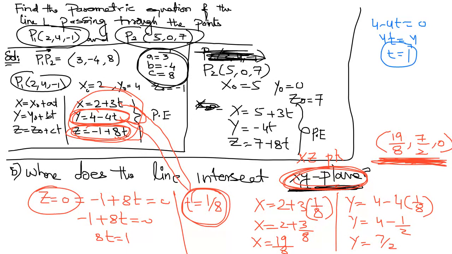When t is equal to 1, you put it in x, which is 2 plus 3, equal to 5. And in z, that is -1 plus 8, z is equal to 7. So the point will be (5, 0, 7) because y is 0. So this is the xz plane.